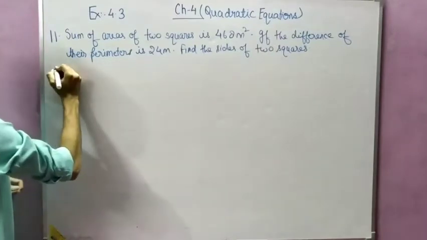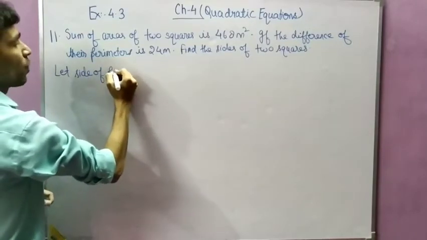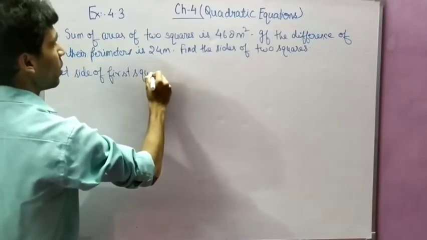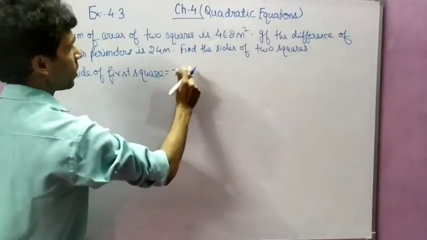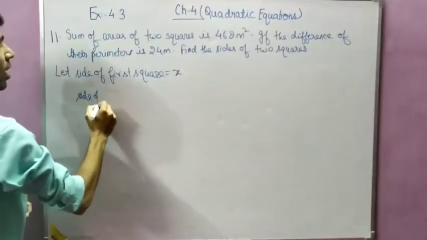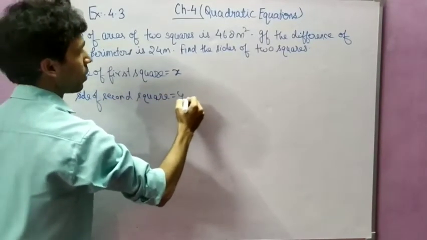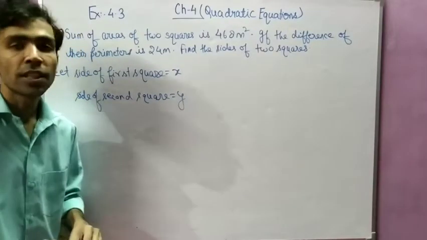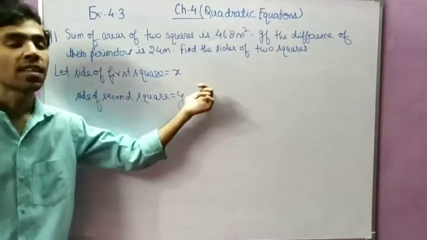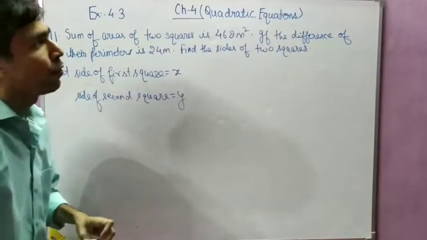So let the side of the first square be x meter and the side of the second square be y. Now the sum of the areas of the two squares is 468.